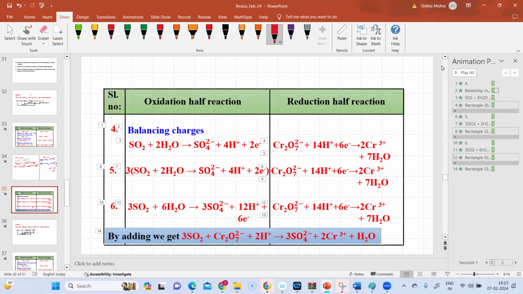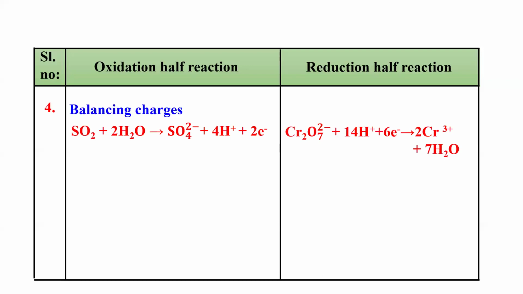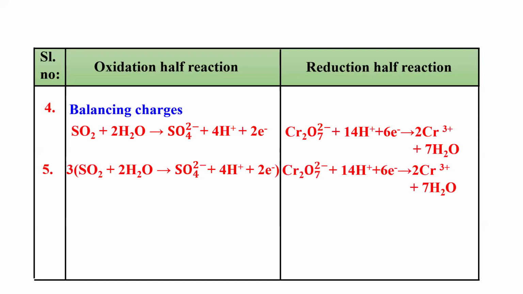I'll put it on a full screen so that it is more clear. As you can see, now the left-hand side of the reaction is balanced with respect to the charges.